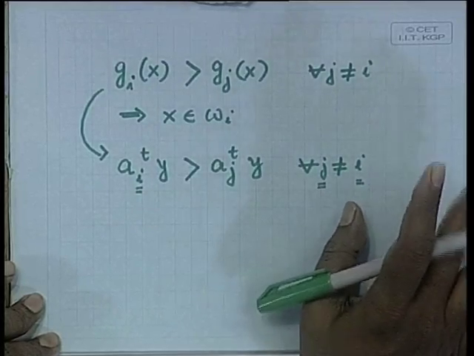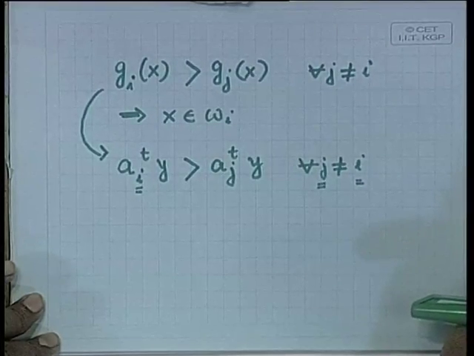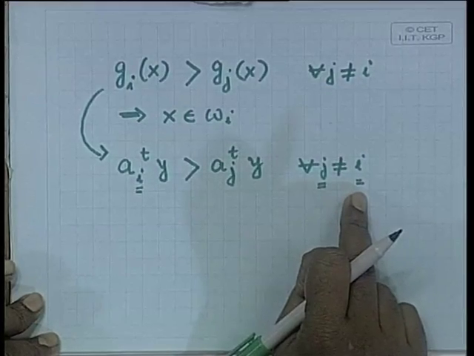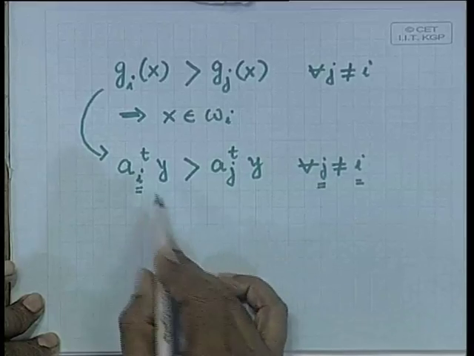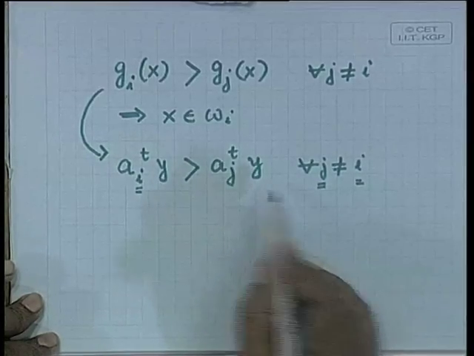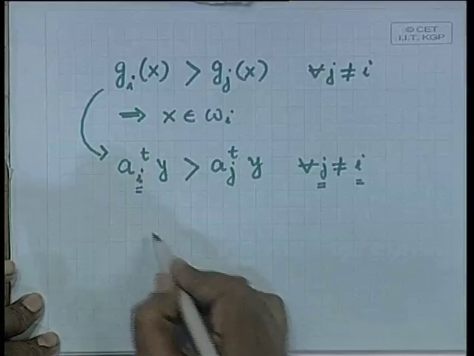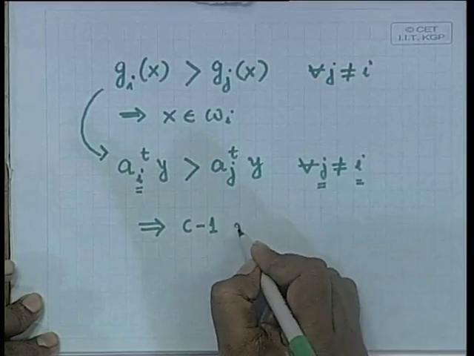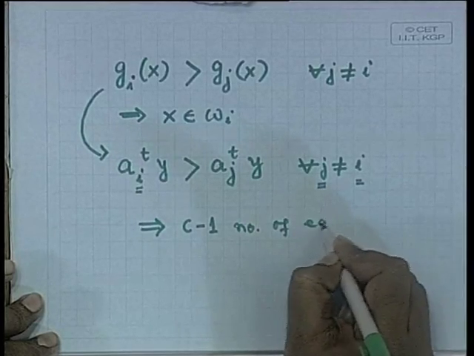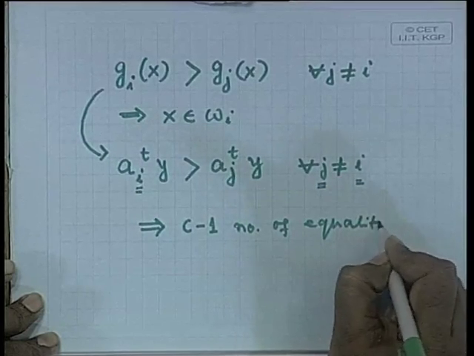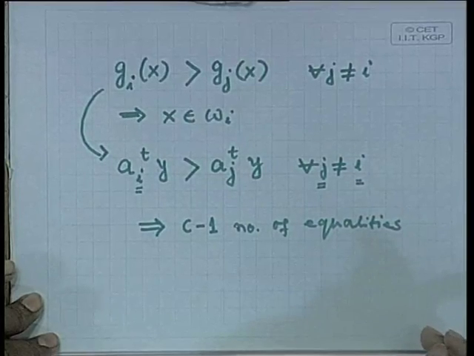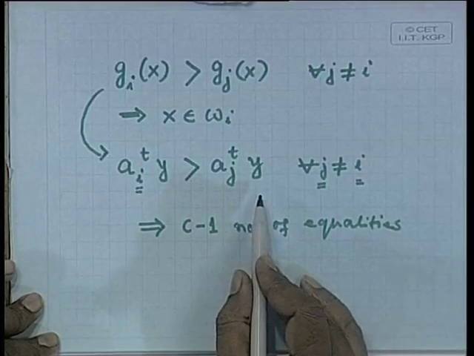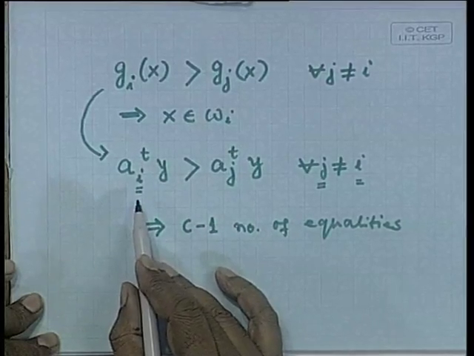That means j can have C minus 1 values. The one left out is equal to i. So, this inequality, A i transpose y greater than A j transpose y for all j not equal to i, is equivalent to C minus 1 inequalities. In all those inequalities, the condition must be true.